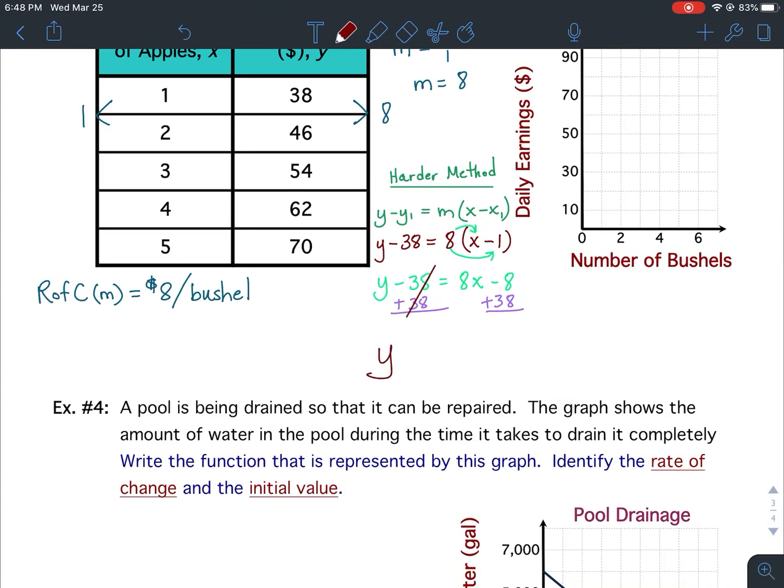So my equation would be y equals 8x, negative 8 plus 38 would be 30. So this is my equation. That's my linear function. So that means my rate of change is the 8, and my y-intercept, my initial value, is the 30. Like I said, that's the harder method.